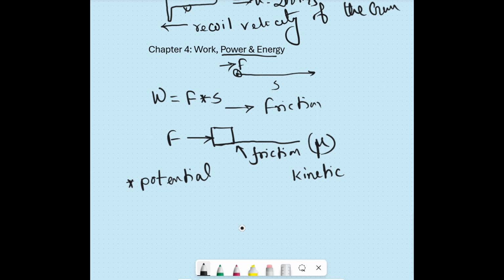So potential energy, Ep, is equal to mgh, and kinetic energy is half mv squared.